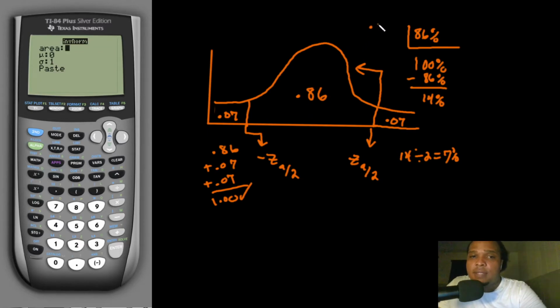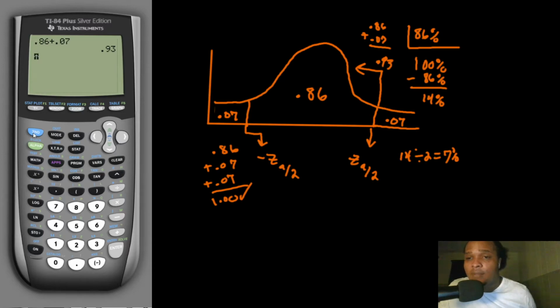So 0.86 plus 0.07. And we can use a calculator. Why not? Let's go ahead and hit second quit. We're going to have 0.86. We're going to add 0.07. Hit enter. We get 0.93. So that's the area. Everything from all the way from this point on to the left of what we're looking for is going to give you 0.93, right?